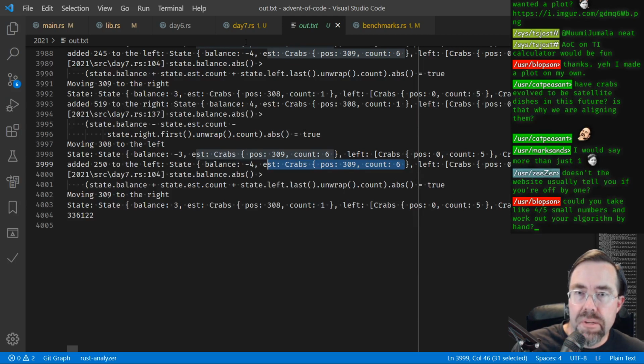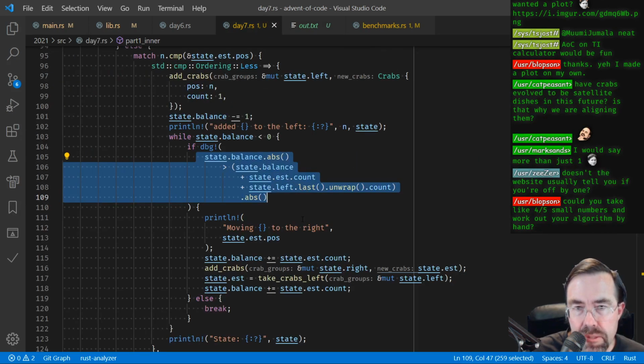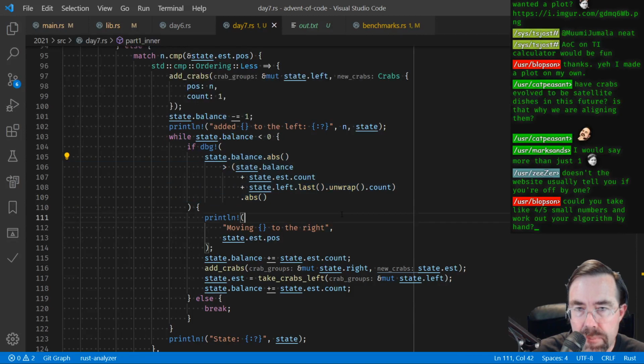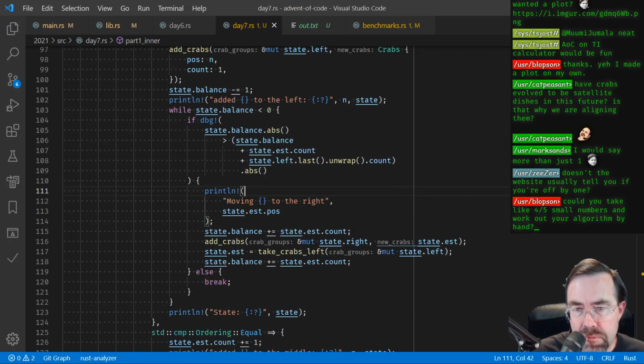I don't even think my balance calculation's right. Hold on, let me check. Let's count. So we're moving to the right. Okay, so balance is left versus right?